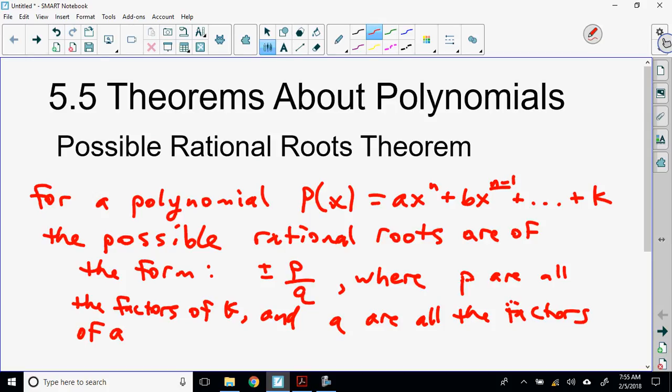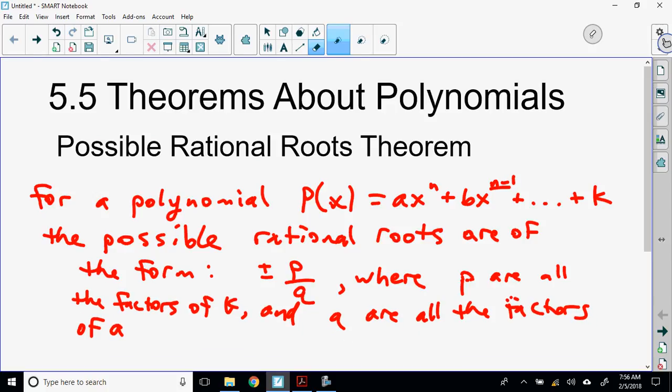Now this seems really vague and really abstract at the moment, I'm sure. Possible rational roots are of the form plus or minus p over q, where p represents all the factors of k and q represents all the factors of a. It's very unusual the way this theorem's written, but it's really not as difficult as the way it's written makes it seem. It's really not so bad.